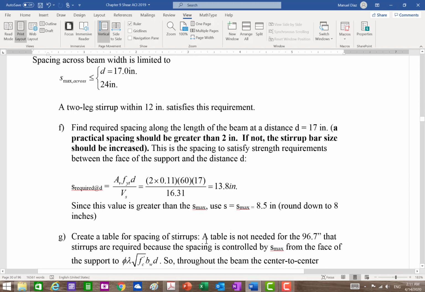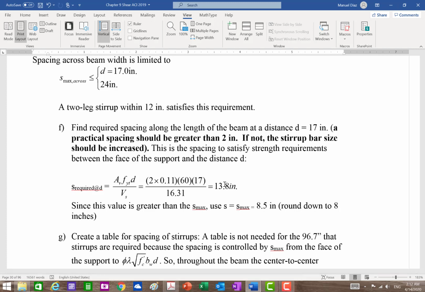Now, normally we will need to create a table because the shear is varying, right? So I need to find different spacings. But in this case, because the maximum is the same and I cannot exceed it, and this value is already bigger, then the largest spacing I can use is 8 inches.